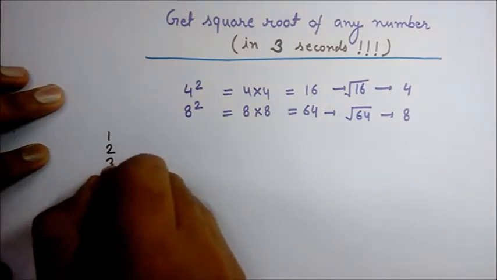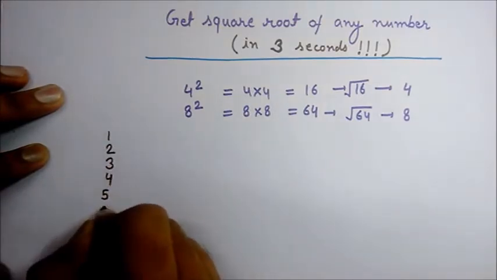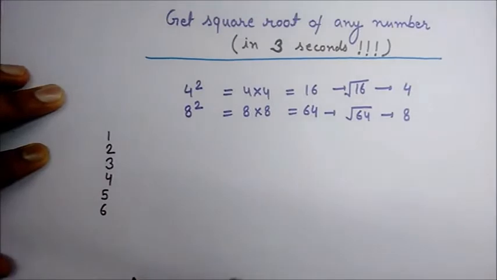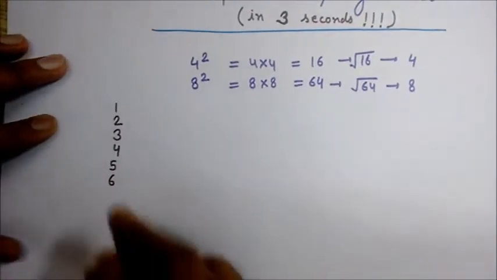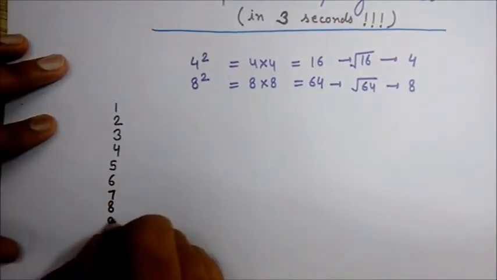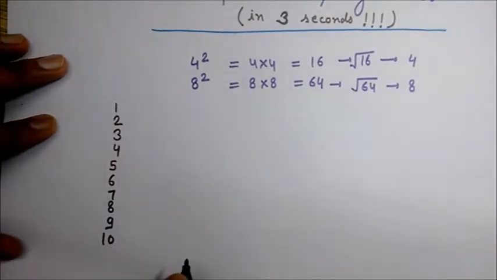1, 2, 3, 4, 5, 6, 7, 8, 9 and 10. These are the numbers up to 10.